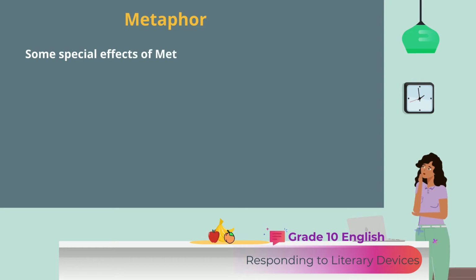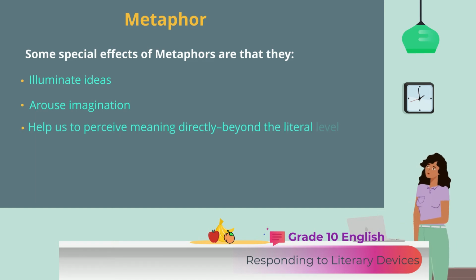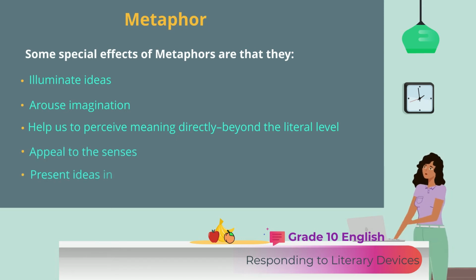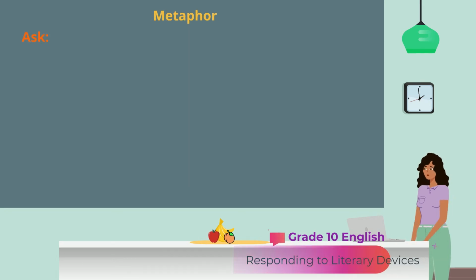Some special effects of metaphors are that they illuminate ideas, they arouse imagination, they help us to perceive meaning directly beyond the literal level, they appeal to the senses and present ideas in concrete form through word pictures.